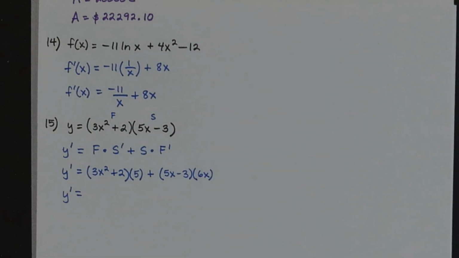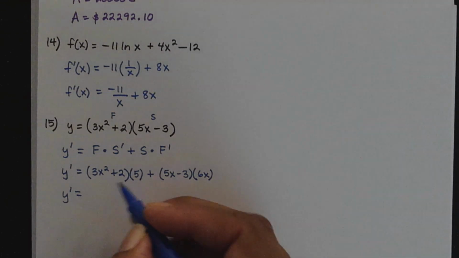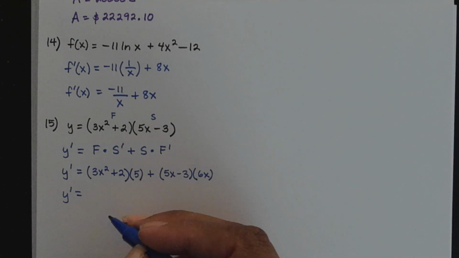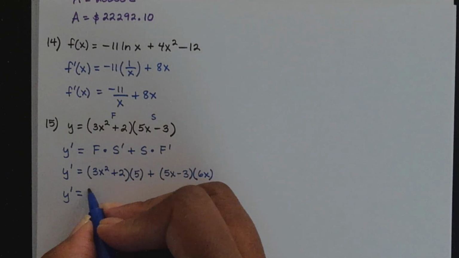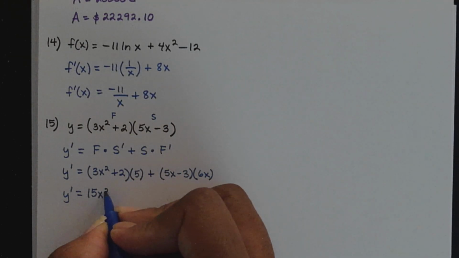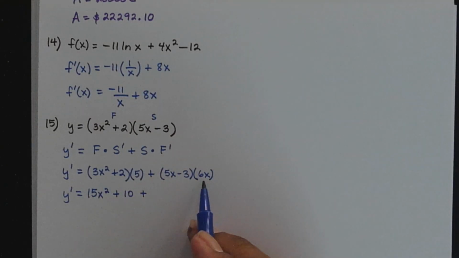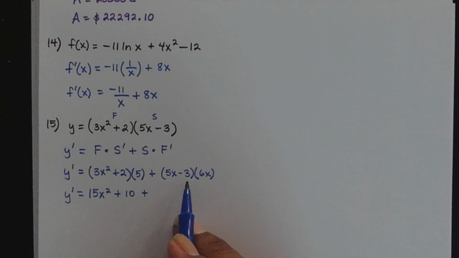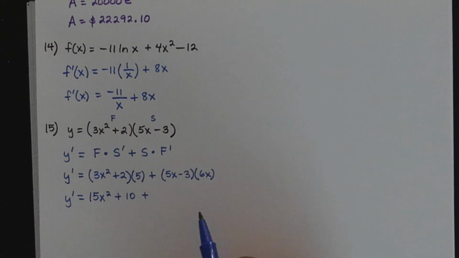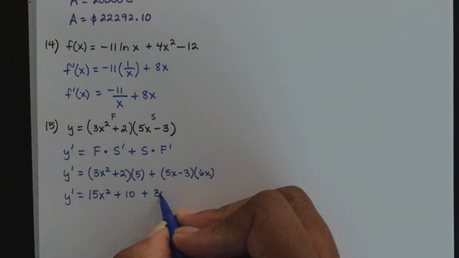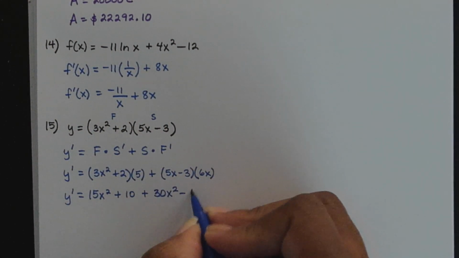So now we got y prime equaling, and here's where the algebra comes in. We distribute the 5 over the 3x squared plus 2 to get 15x squared plus 10. And then if I distribute the 6x over the 5x minus 3, I would get 30x squared minus 18x.